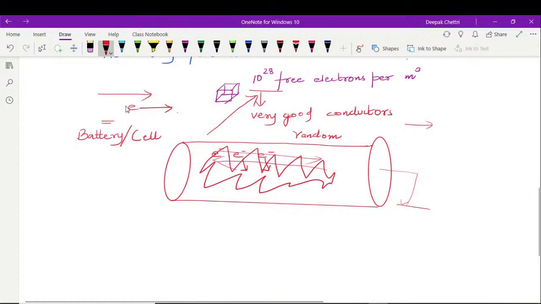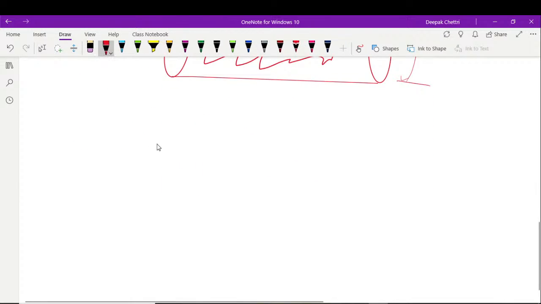Let me give you an example. Suppose there are two persons here, and they are holding a pipe, and inside this pipe there is water.